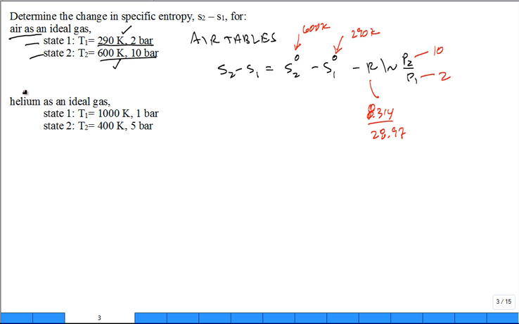How about for helium as an ideal gas? How would you solve for the change in S for helium? When you see air, you can think, I could use the air tables, or I could assume constant specific heats. For helium, you say, I can use the helium tables, or I can use constant specific heats. You don't have a choice.